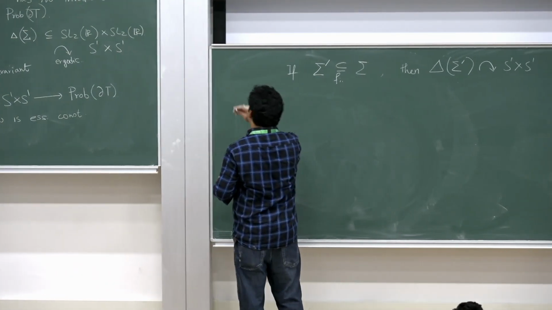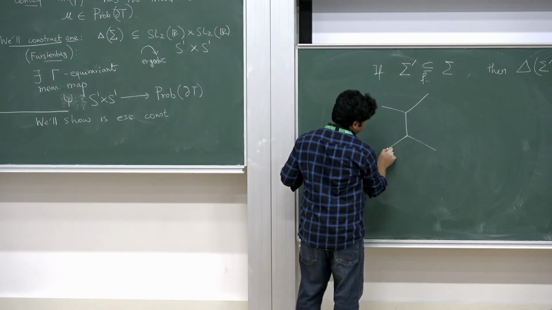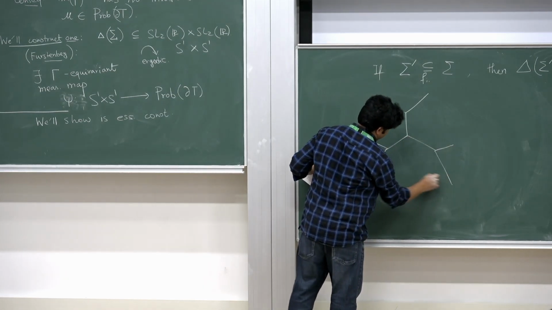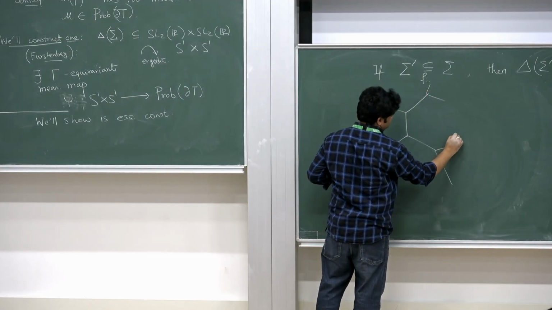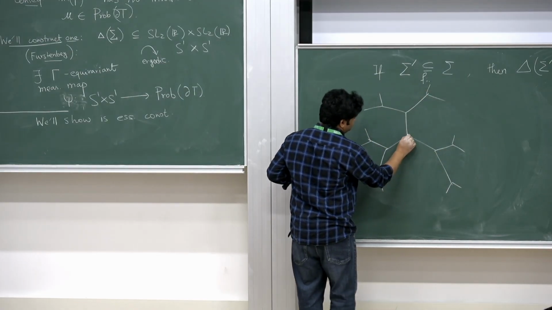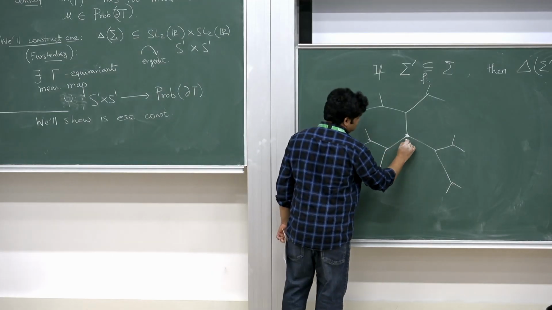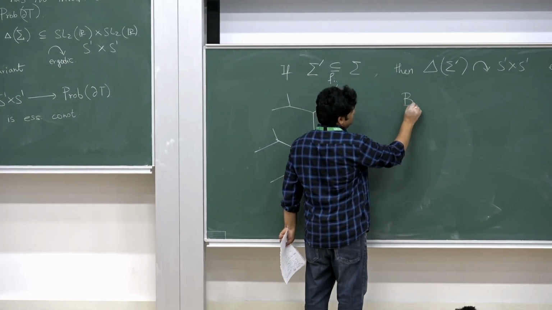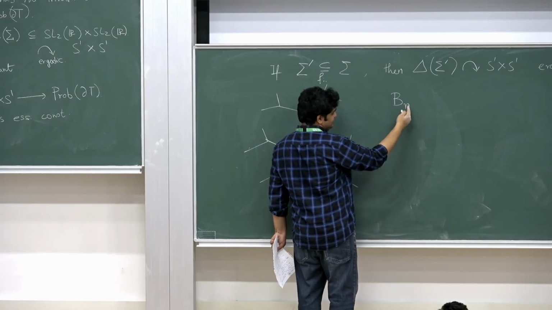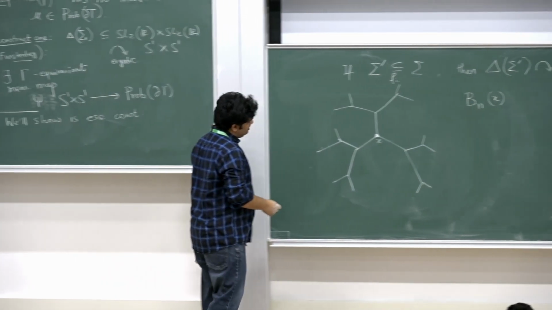So now we are going to look at the tree. So maybe let's draw. We assume that sigma stabilizes this vertex x. Let's consider the ball of radius n, where n is a natural number, with respect to x in this tree.